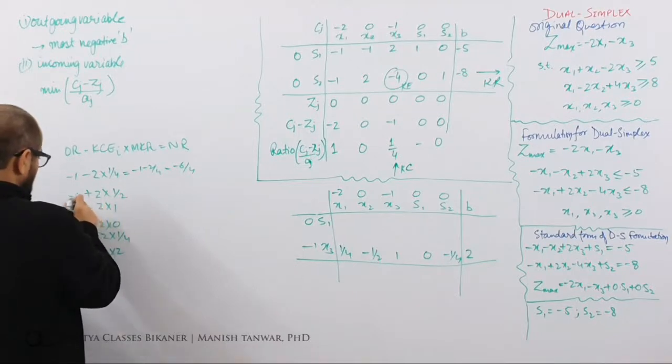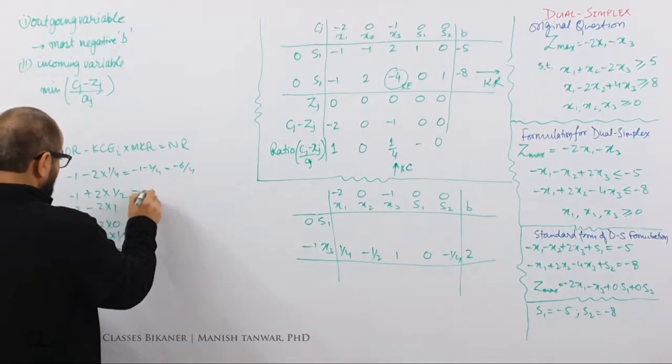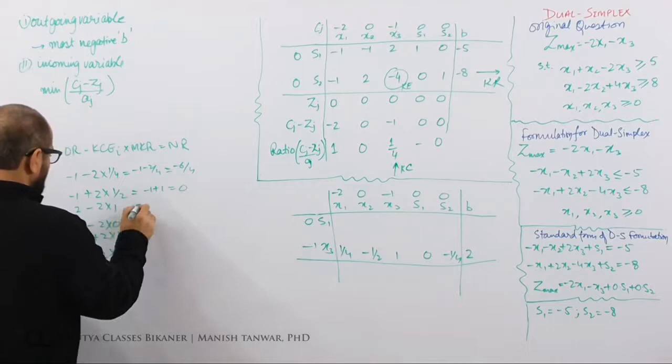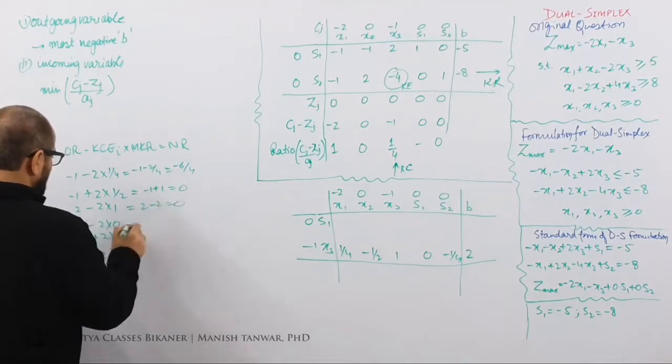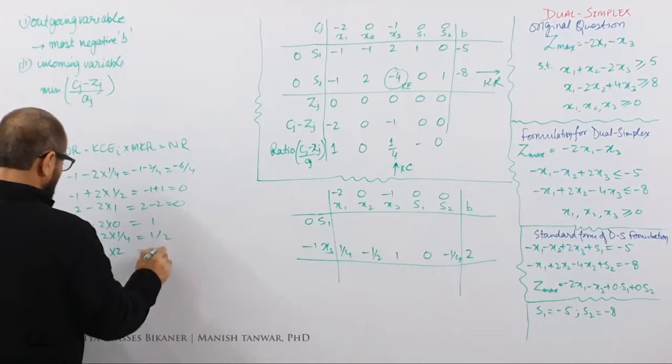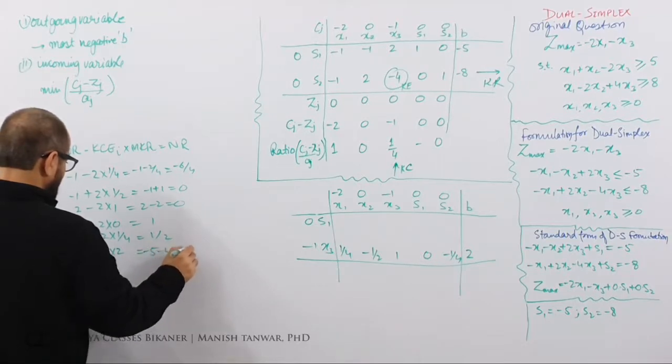This will be a -2, this is -1 plus 1, making it a 0. This is 2 minus 2, making it a 0. This is 1. This is 1 by 2. This is 5, -5 minus 4, making it a -9.